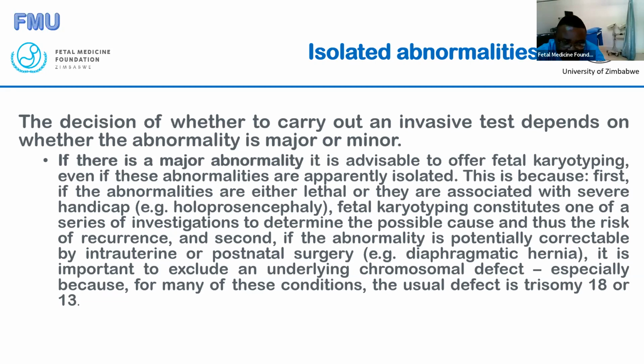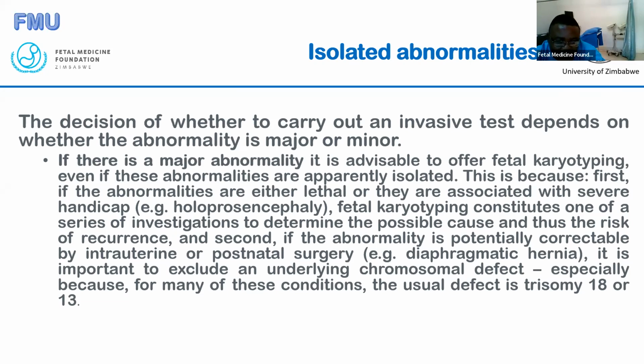So invasive testing is part of bringing the issue to a closure, because if somebody knows that there's trisomy 18 or trisomy 21, they can rest assured that this is a non-disjunction chance event that happened during the baby's formation. Otherwise, our people will resort to other means of trying to find out the reason why their baby is abnormal.